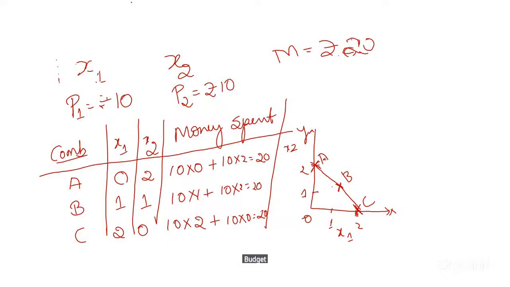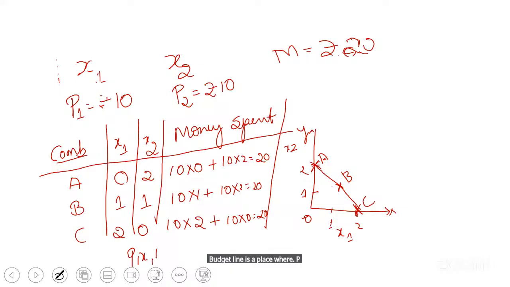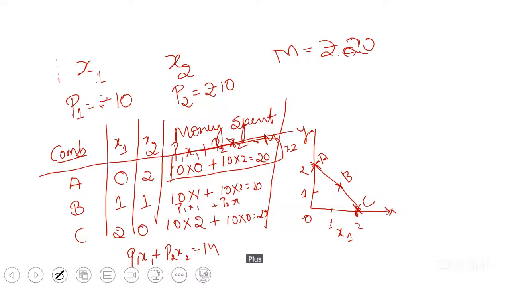Budget line is a place where P1X1 plus P2X2 is equal to M. Look here, this is that equation. P1X1, 10 into 0 plus P2X2 is equal to M. Same here, P1X1 plus P2X2 is equal to M.